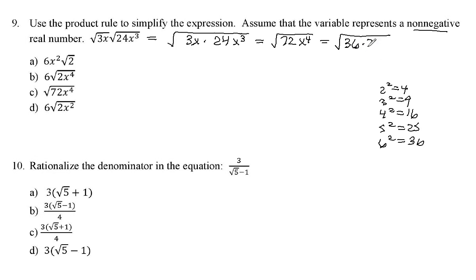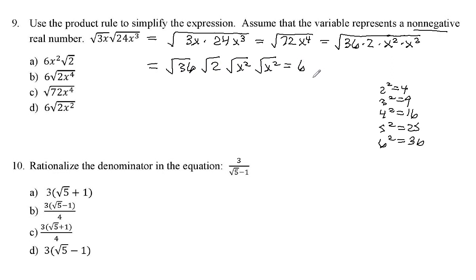And then the x to the 4th, that's got perfect squares in there too. That is x squared times x squared. And each of those are perfect squares. So now we can break the product apart and take the root of each piece. So root of 36 times root of 2 times root of x squared times root of x squared. And square root of 36 is 6.